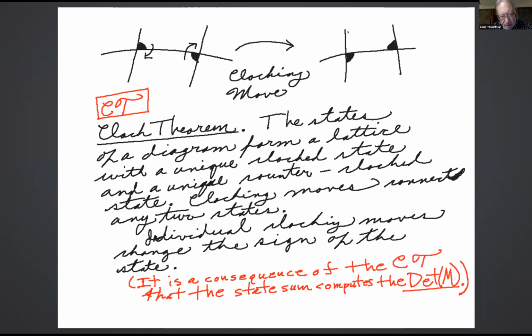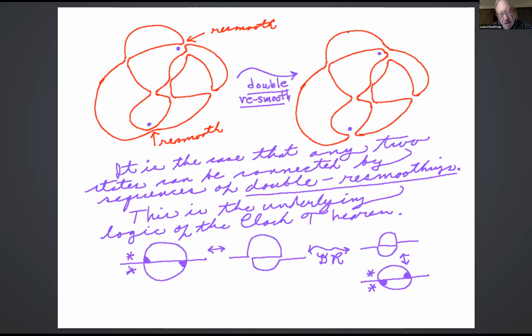There's a bit more to it than that, but then you can check after you've proved it that that shows you that the parity of the number of black holes is indeed correct for the determinant. There's a further structure that's important for these states, which is that if you think of single cycle smoothings, then you can go from any one to any other one by bigger jumps, which then can be factored into the smaller clocking moves.